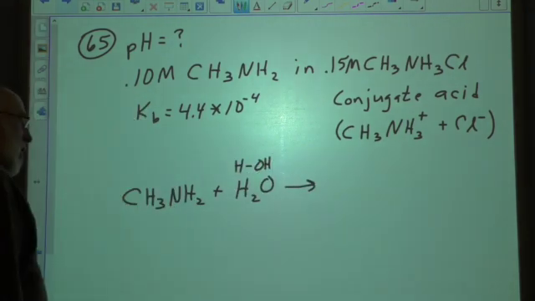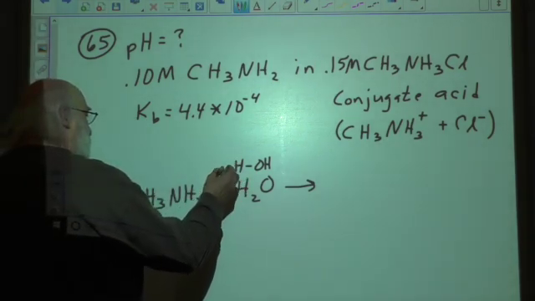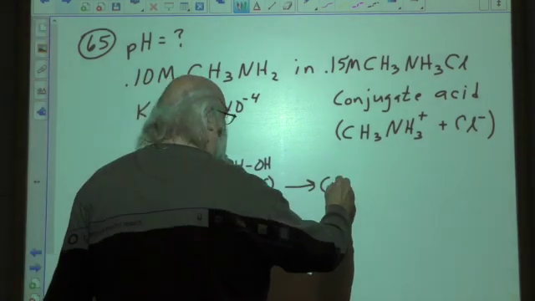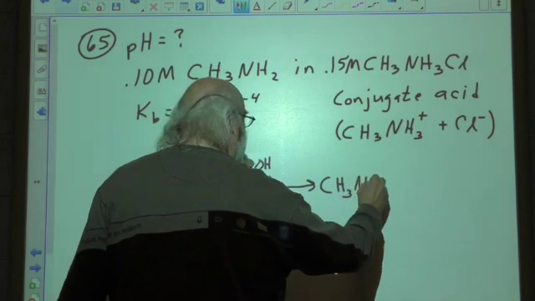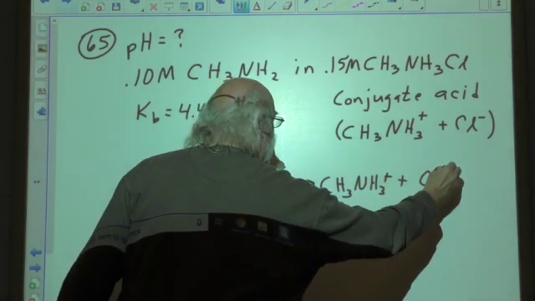And what's going to happen here is, because this is a base, the hydrogen is going to go to the nitrogen to form CH3NH3 positive plus OH negative.